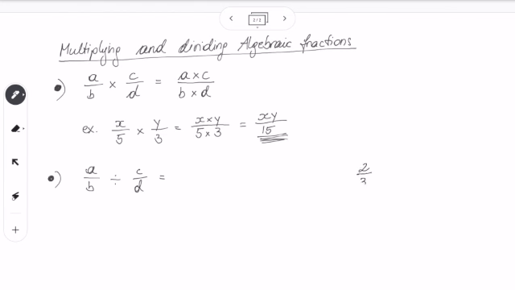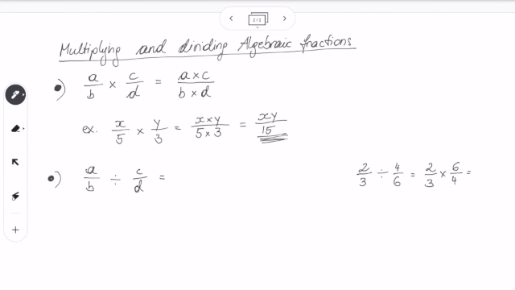What about 2 over 3 divided by 4 over 6? Can you remember how you did that? This is the same as 2 over 3 times the reciprocal of 4 over 6. Reciprocal means that we need to swap the numerator and the denominator. So that would be 6 over 4.